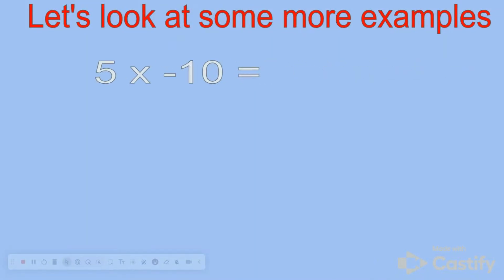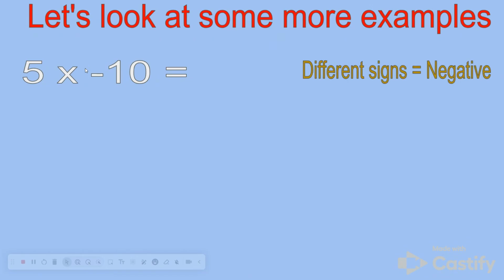Okay, so here's some examples just to re-emphasize that rule. When I look at 5 times negative 10, first thing I see is that these two signs are different. Positive 5 times negative 10. One's positive, one's negative. That means my answer is negative. Then I just do 5 times 10, so I end up with negative 50.